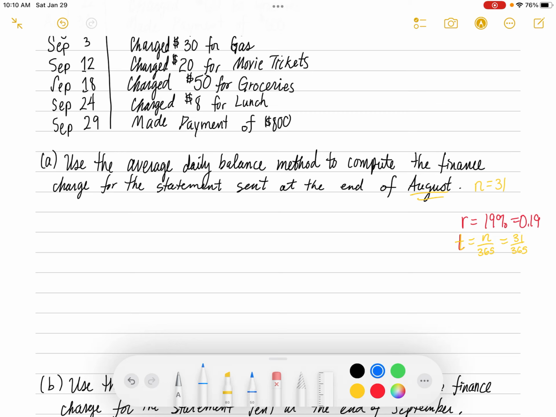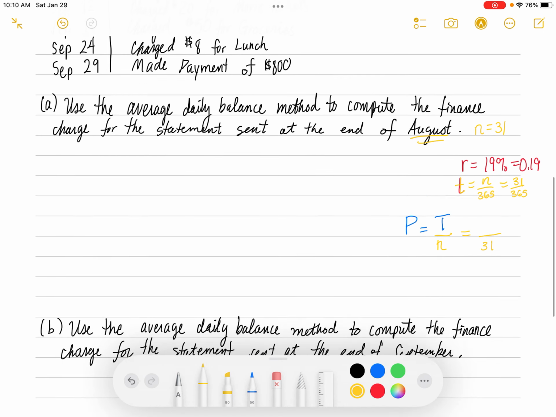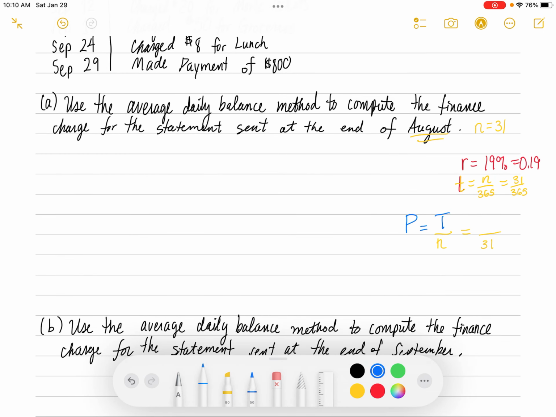And we have this thing called capital P here. Capital P is the average daily balance that's subject to interest charges. Its formula is capital T over N, where we know that N is 31 days. And capital T is going to be the sum of all the balances subject to interest throughout the month.